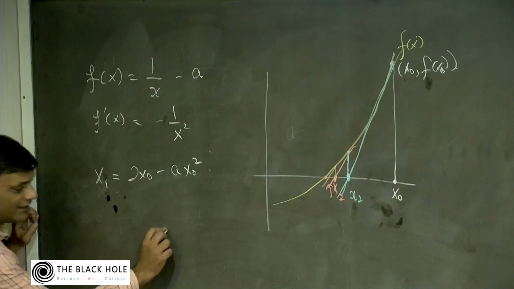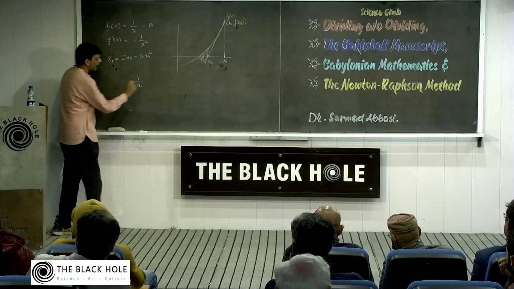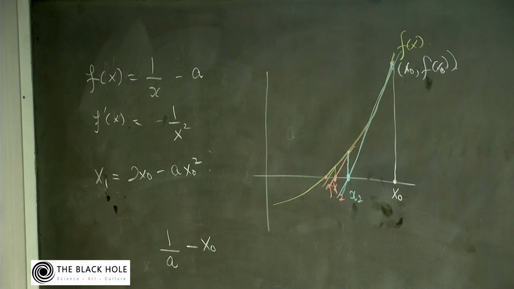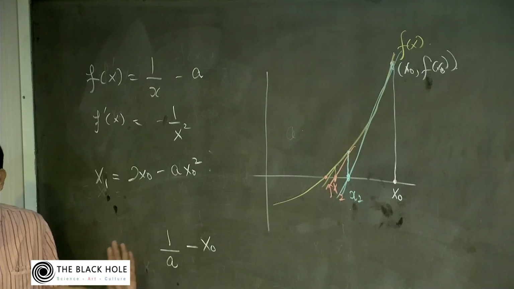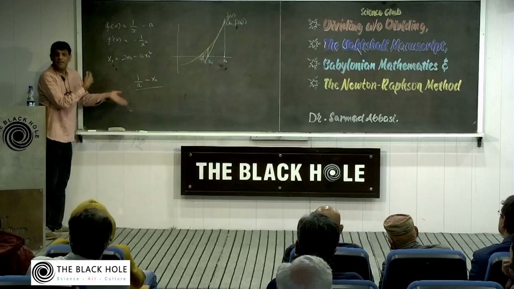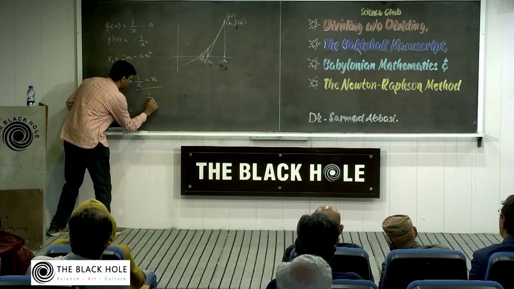That is 1 over a, right? What is our answer? Well, initially it's this. But this is absolute error, a signed absolute error. So what would be relative error? I divide by the answer, right? That would tell me the relative error.